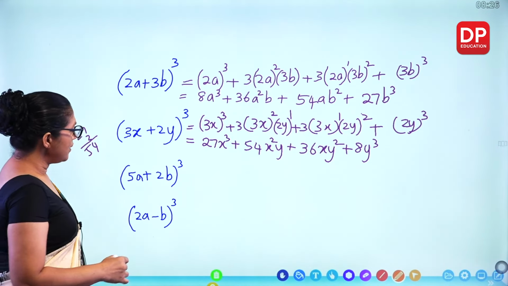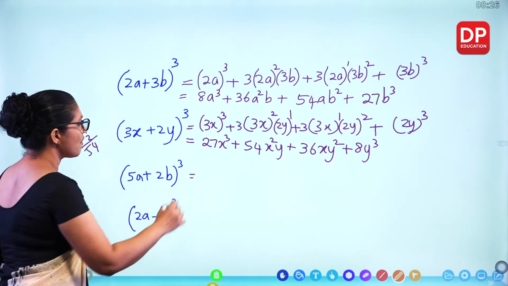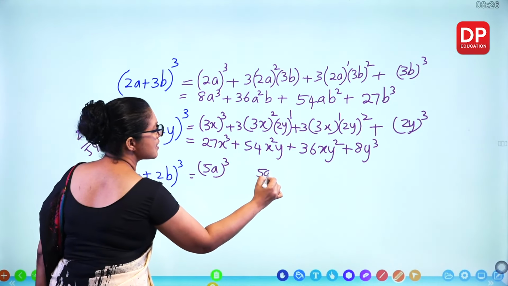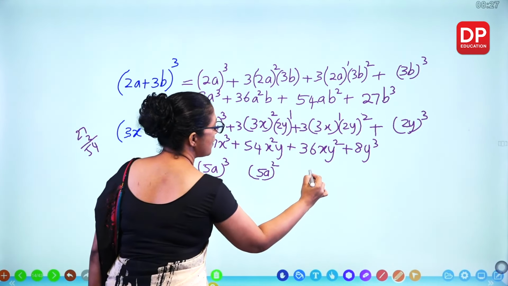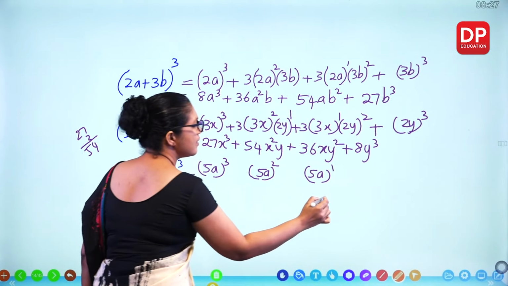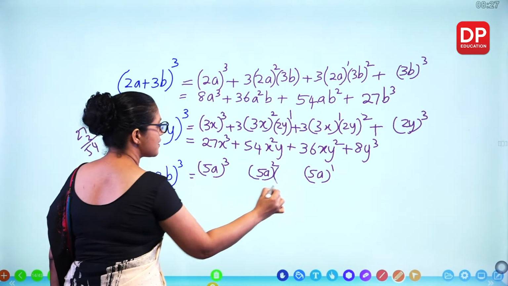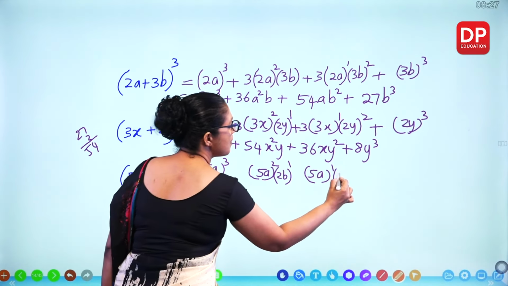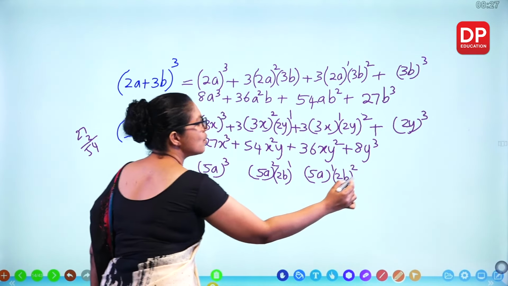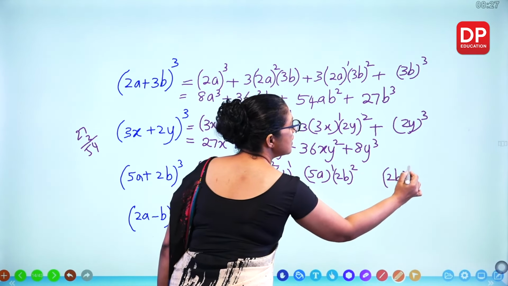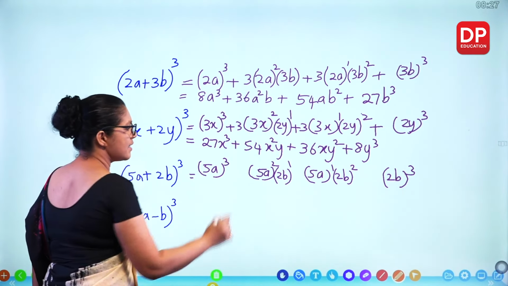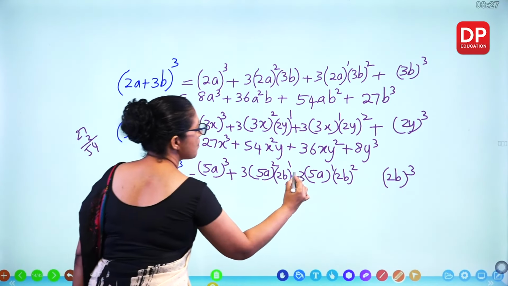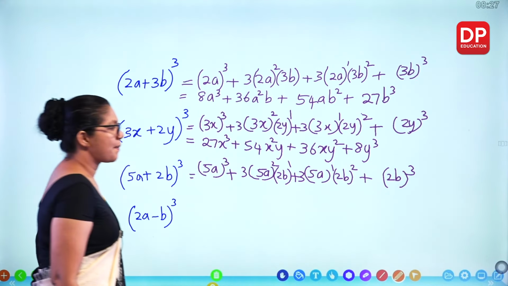Now try this one. First term cube. First term power 2. First term power 1. And then the second term starting from this one. Power 1, power 2, and power 3. Then 3 here, plus, plus, plus.